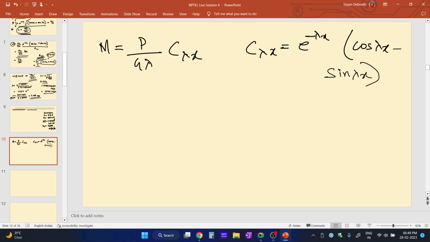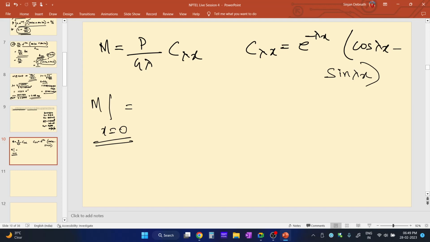This is the generalized equation. So we need to find out the bending moment at the point of application of load, that means at x equal to 0.